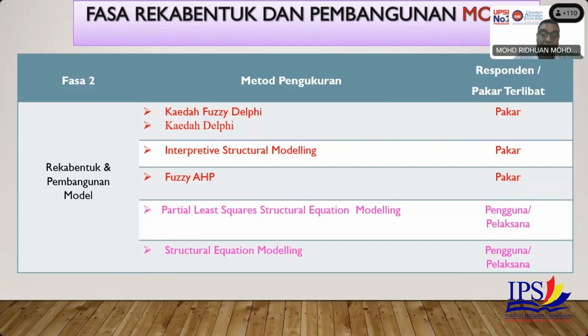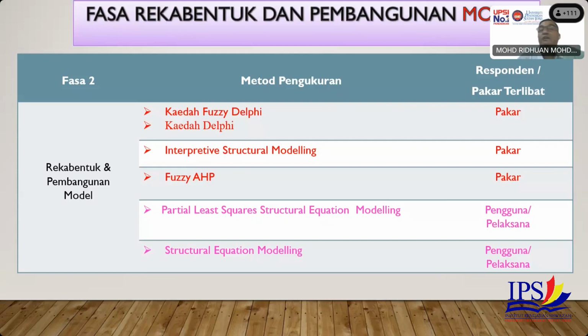But if you choose an expert method like the fuzzy Delphi, the number of experts is only 10 to 20. Adler and Ziegler state the number of experts in the fuzzy Delphi method can be 10 to 15. Based on Jones and Twiss, 10 to 50. A small number of experts can be used in the fuzzy Delphi method.